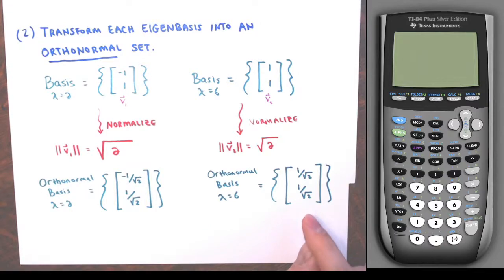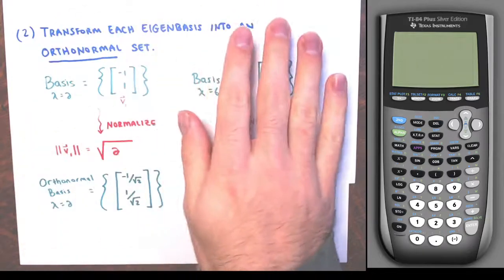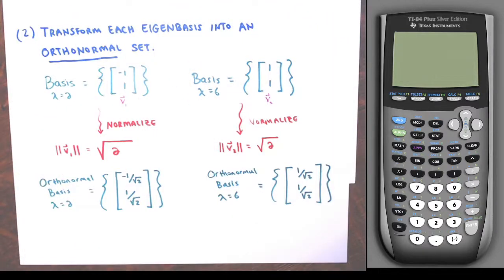So I'm done with step 2. I've taken each eigenbasis and constructed from it an orthonormal eigenbasis. So you do it for each of them. Again, there was only a single vector in each, so I didn't really need the Gram-Schmidt process. I just needed to normalize that vector, make it into a unit vector.